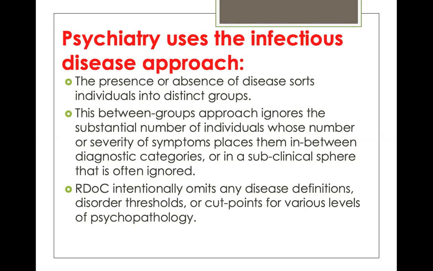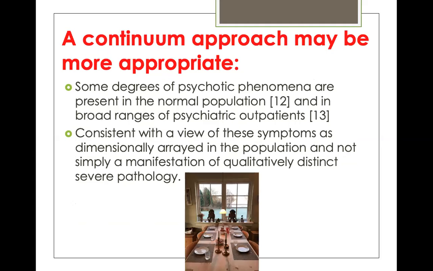And this between groups approach ignores the substantial number of individuals whose number or severity of symptoms places them in between diagnostic categories or in subclinical spheres that are often ignored. And so research domain criteria intentionally omits any disease definitions, disorder thresholds, or cut points for various levels of psychopathology. And we'll get into how one works with that in a moment.